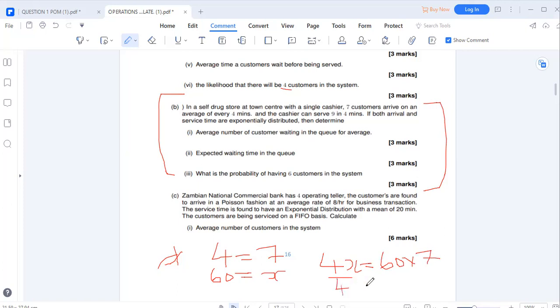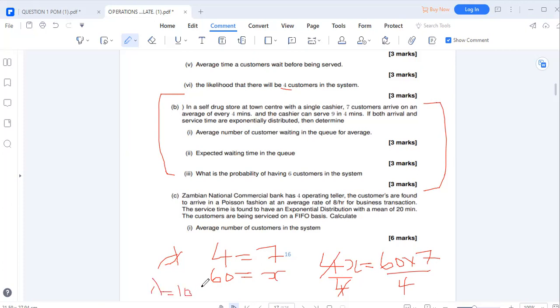You use this mathematical equation to find these denominated per hour. You convert them into per hour. So it will be 60 multiplied by 7, then divide by 4. It's 105. So our lambda will be equal to 105.